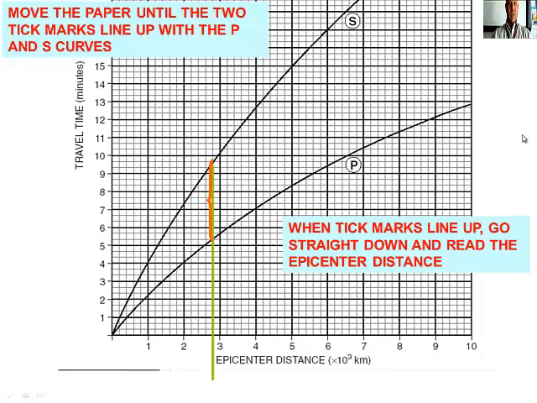Like I said, we'll be practicing this in some of the labs that we have. The epicenter distance is 2,800 kilometers. We know that because of how far away this is measured up, 2,800 kilometers away from the P and the S wave. That's how we know, because the P waves arrive first.